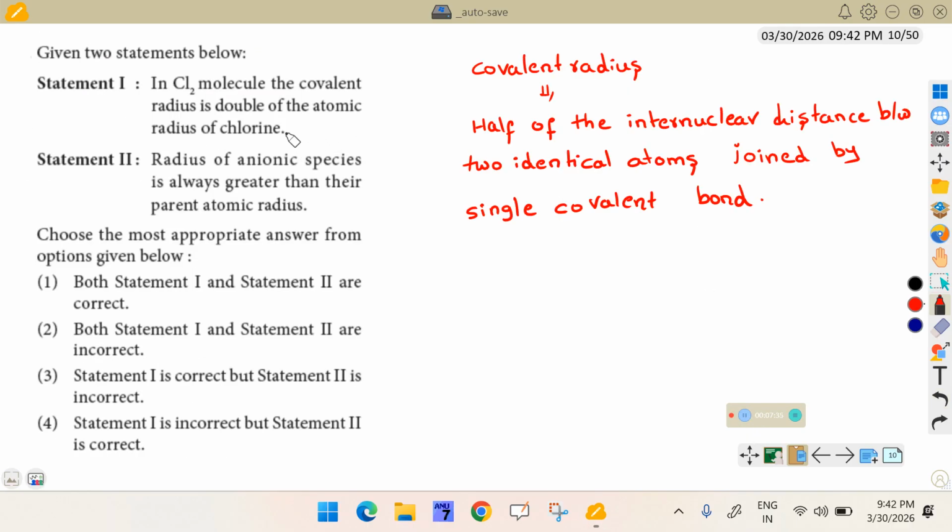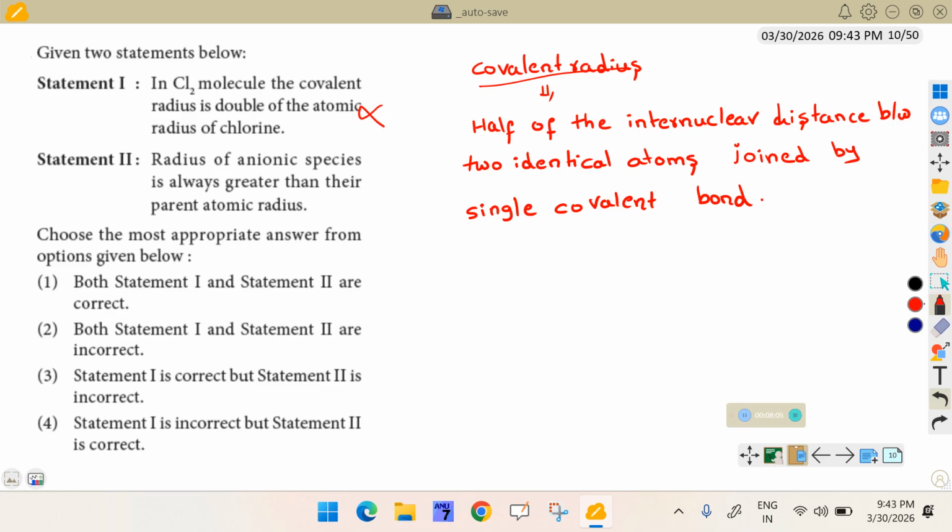Statement 1. In Cl2 molecule, covalent radius is double of the atomic radius of chlorine. Wrong, because the covalent radius is defined as half of the internuclear distance between two identical atoms joined by a single covalent bond. Not doubled, half of the internuclear distance. Statement 2.